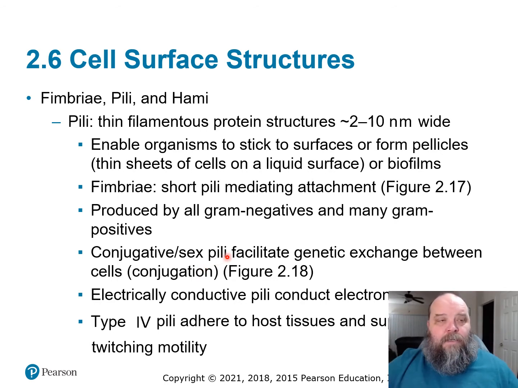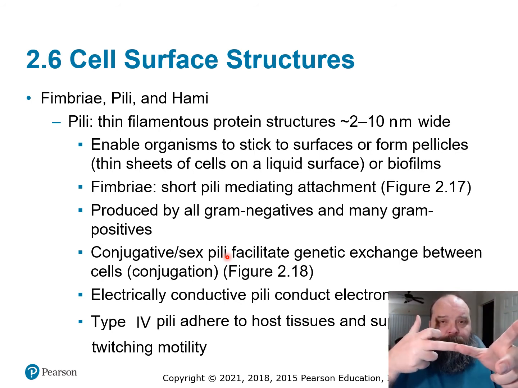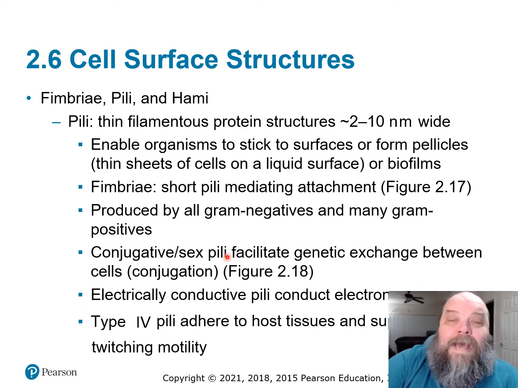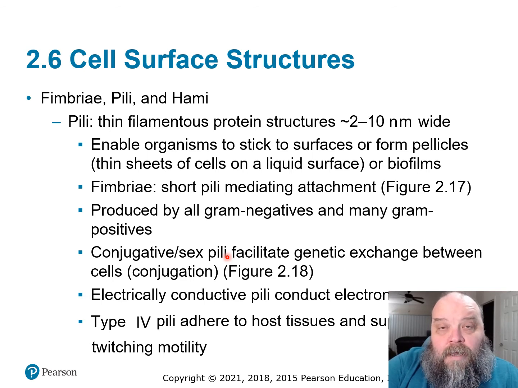You get two bacteria in close proximity that have these long projections, and they will link up. And it's a hollow tube, which allows for the passage of DNA, a copy of the genome, or a copy of a portion of the genome, or a copy of a plasmid, to be passed from a donor to a recipient bacterial cell.